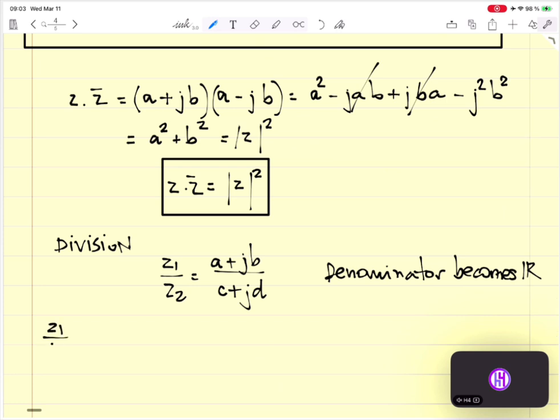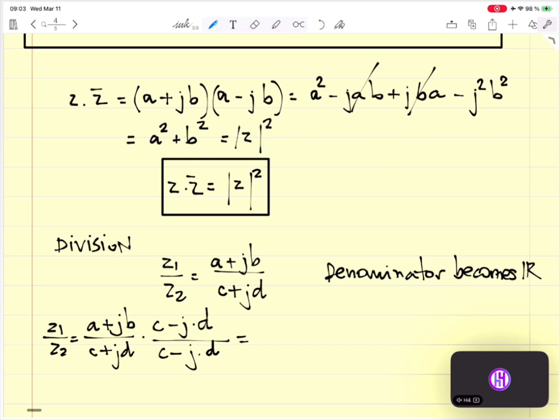Z1 divided by Z2 equals A plus J times B divided by C plus J times D. In order to make it real, what do we do? We multiply by the complex conjugate, up and down, numerator and denominator. We multiply by the complex conjugate of the denominator.